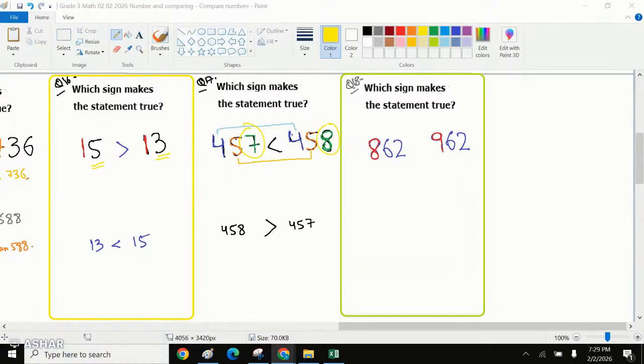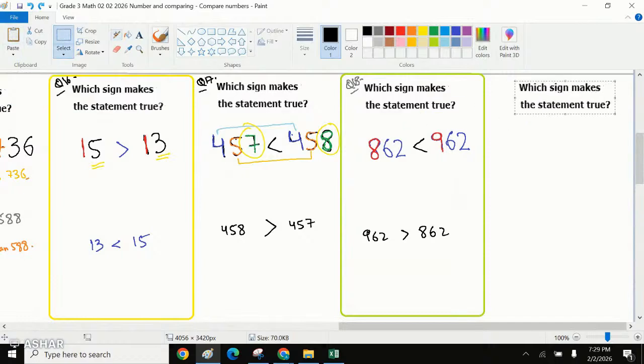Yes, Ethan, thank you. So we can say 862 is less than 962, or we can say 962 is greater than 862, right? By how much it's greater, we're not worried right now. We just want to see whether it's greater or not.